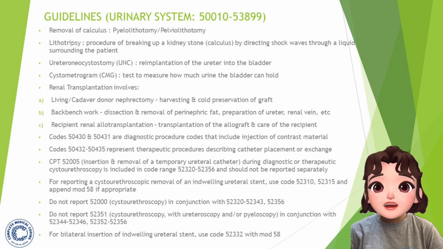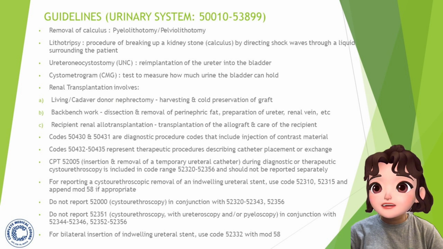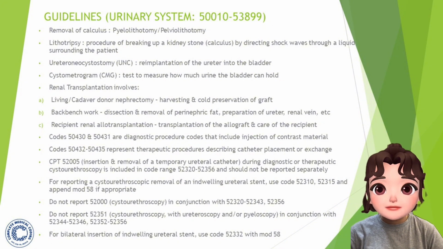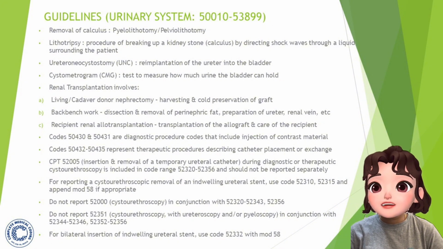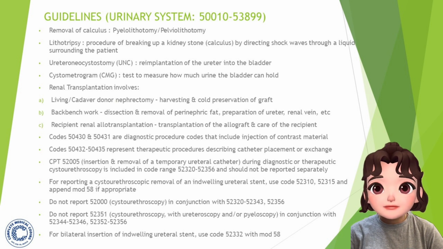I'm just marking it here to make you understand, but for each and every code, it is already mentioned there. Cystourethroscopy, we don't have to report separately, as it is already included in the other procedures in the given code ranges. Now, for bilateral insertion of indwelling ureteral stent, use code 52332 with modifier 58. So that's all about urinary system guidelines.